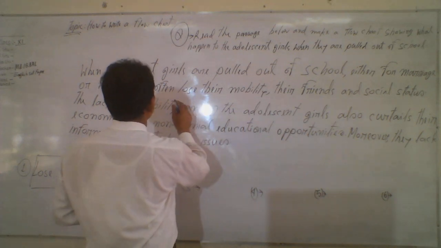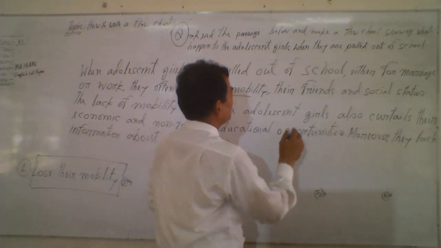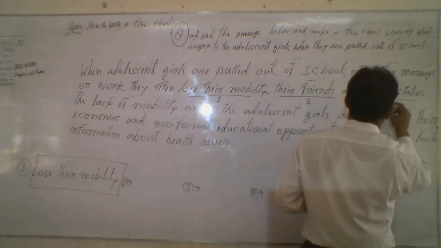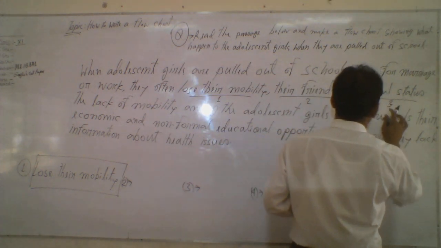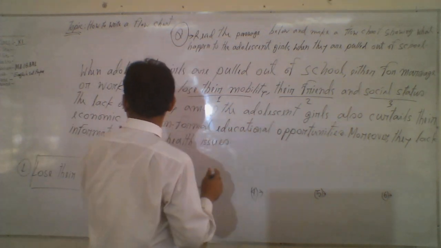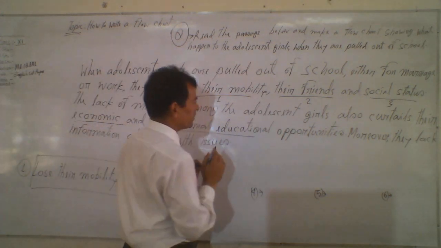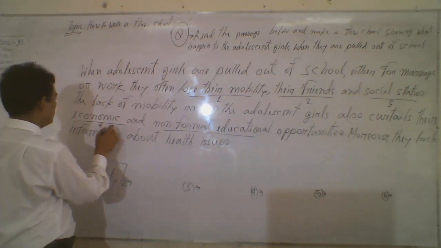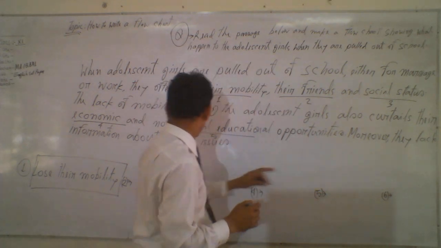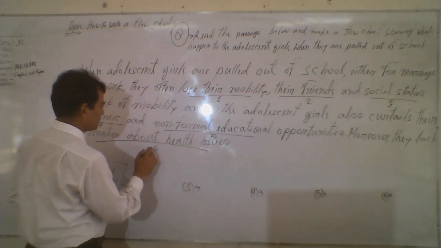You see, lose their mobility, number one, lose their friends, number two, lose their social status, number three, the economic opportunities, number 4, non-formal education, number 5, moreover, the information about health issues, number 6.